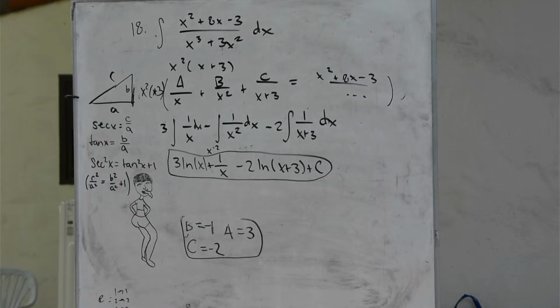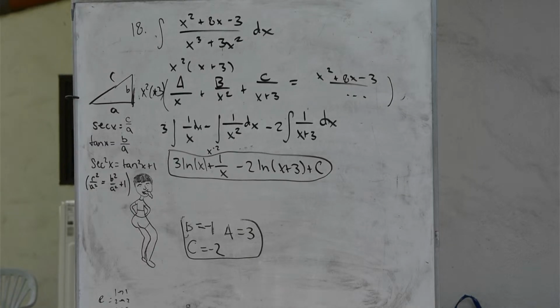This is crazy, man. This is very crazy, boy. I'm like 50-50 on this one. Because what happened was I realized that when you have multiplicity in the denominator of the partial fractions, you don't multiply by all of the denominators.